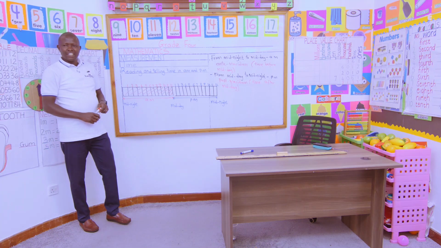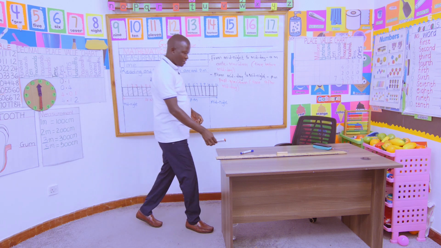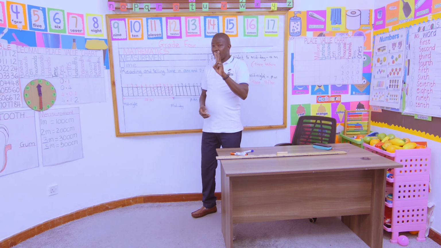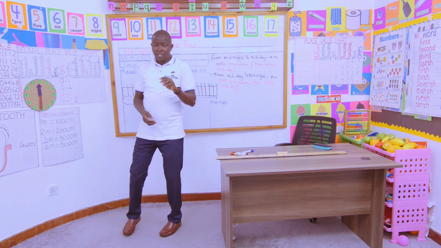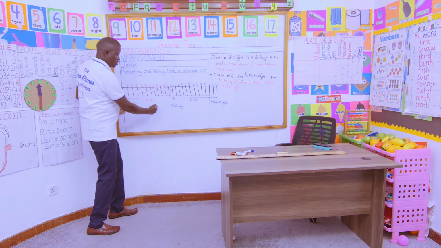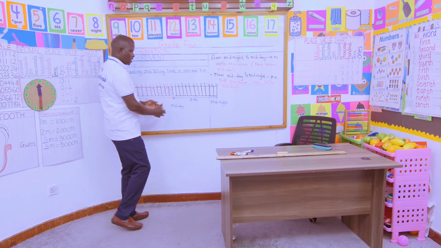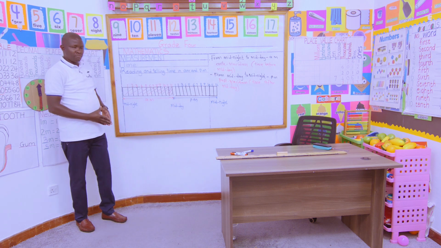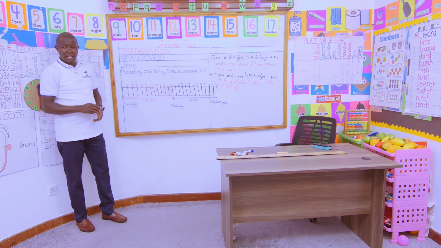Now, in our groups, learners, I will pose this question. Remember, I've said we have 2 cycles. The first cycle, from midnight to midday, we have called AM. And the next cycle is from midday to midnight, that we have called PM. Those are the 2 main cycles that you should put in mind.